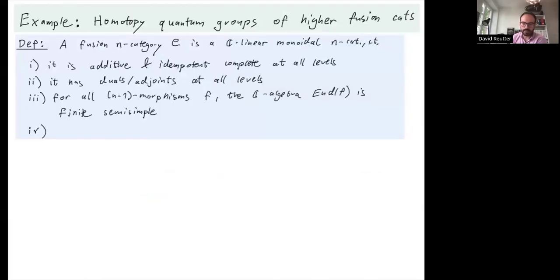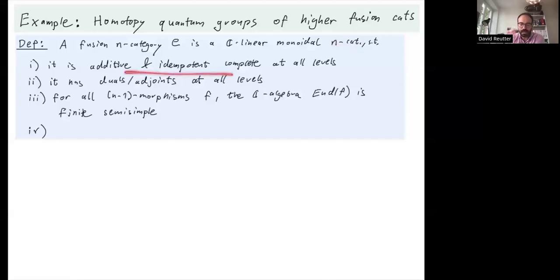Let me just work this out for higher fusion categories. And for this, in the last 5 minutes of the talk, let me very sketchily sketch what the definition of a higher fusion category is, just so that we have the terminology. If you don't care about these, you can just ignore me for this slide, and then the next slide is maybe again interesting. A fusion n-category is just a complex linear weak monoidal n-category which has the following properties.